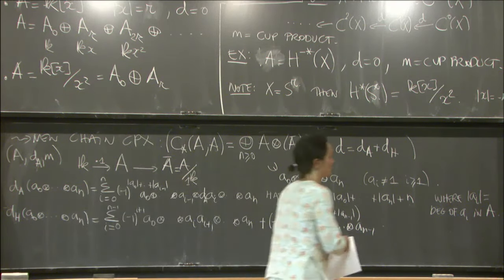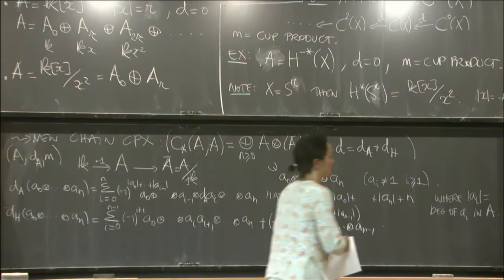When you say M is a chain map, do you mean it satisfies the usual graded Leibniz rule with sign? Yes. Let's write this down. d of A tensor B in A tensor A is by definition dA tensor B plus minus 1 to the degree of A times A tensor dB.